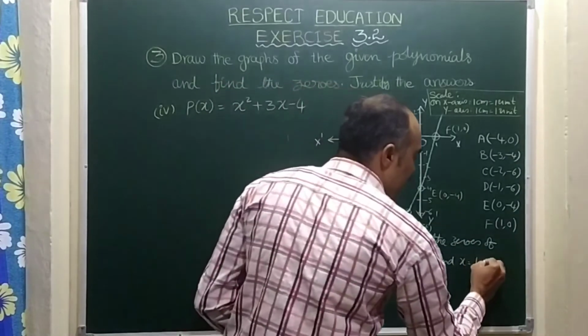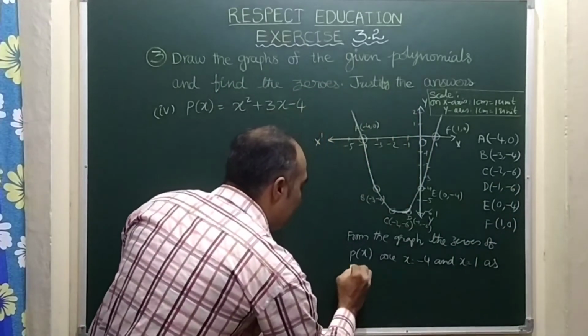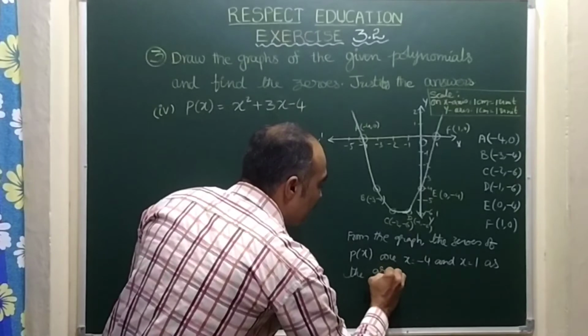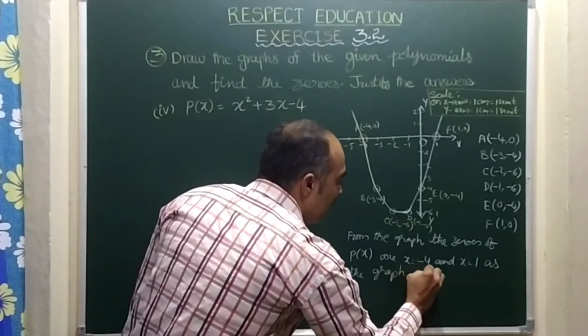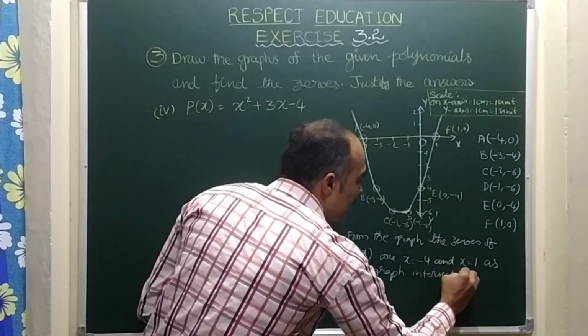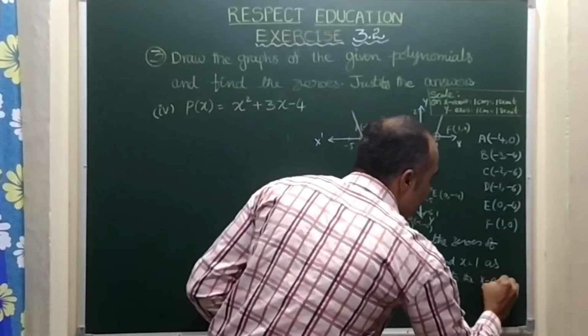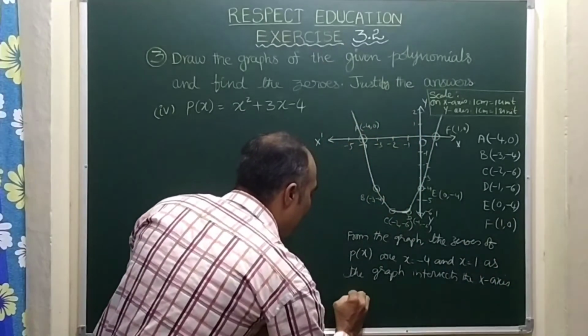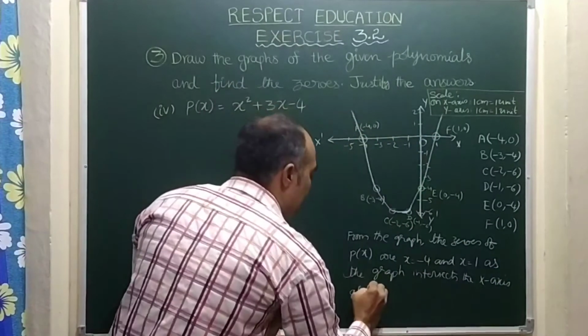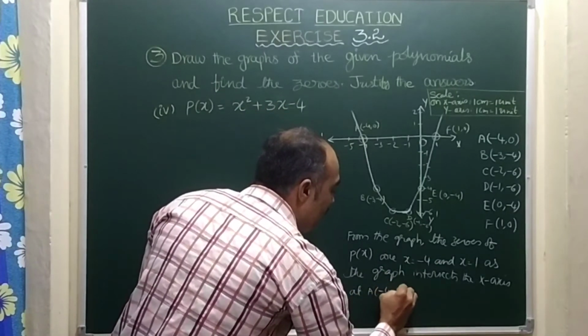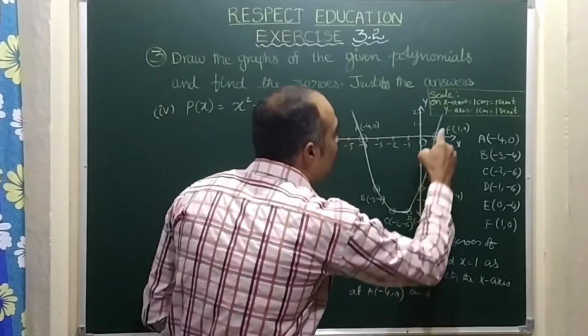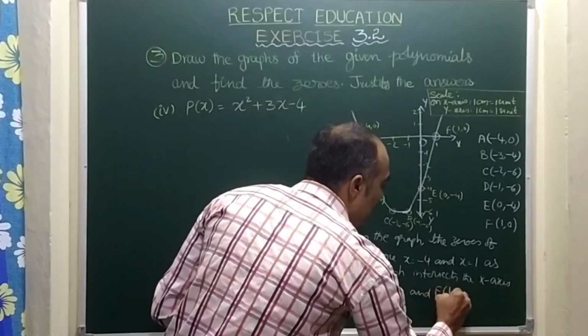We are writing the reason also, children, as the graph intersects the x-axis at this point A, minus 4 comma 0, and this point F, 1 comma 0.